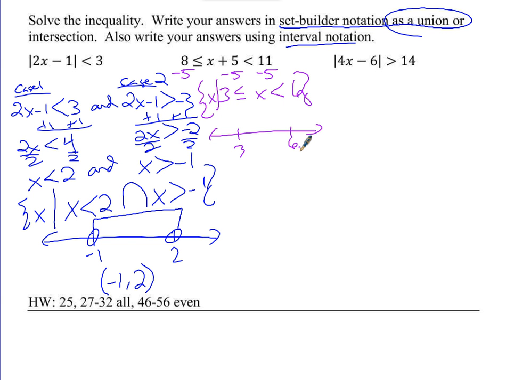Can we include 3 or no? Yes, so that's a solid dot. Can we include 6 or no? Nope, so that's an open dot. And X can be anywhere between. There you go. So now interval notation is bracket 3, comma, 6, parentheses.